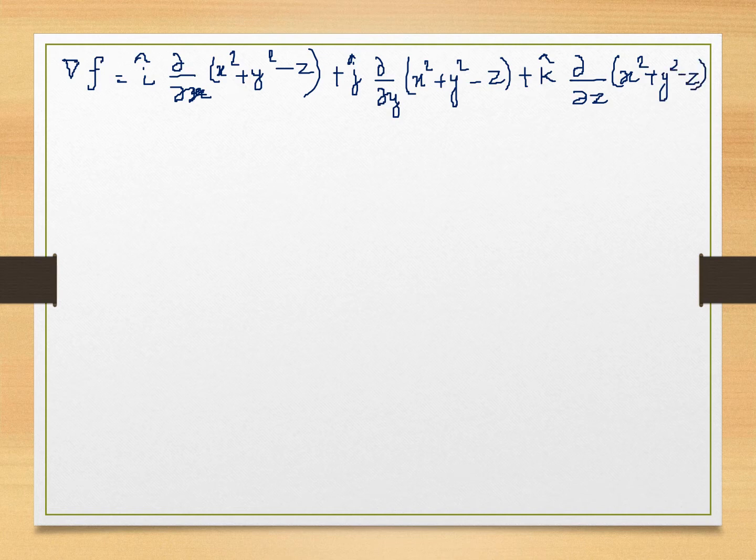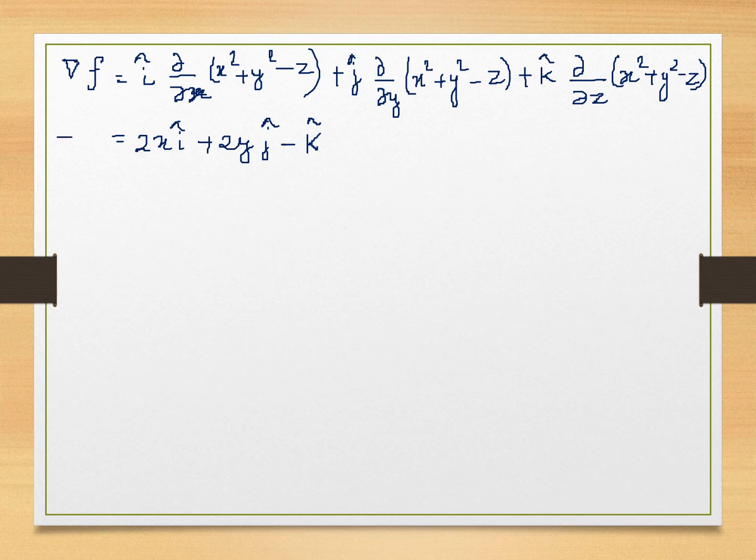I have rewritten that same equation for easy simplification. So it will become 2x i cap, in this case plus 2y j cap, and in the last case minus k cap. So that is del f.